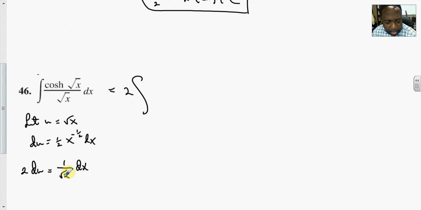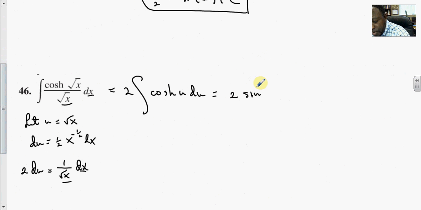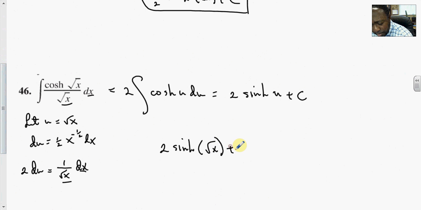Notice that dx divided by the square root of x becomes 2 du. So we can represent this dx and this radical downstairs with these two terms here. This is the integral of 2 times hyperbolic cosine of u du. And this gives us 2 times the hyperbolic sine of u plus c. And so our answer is 2 hyperbolic sine, where u is the square root of x, plus c.